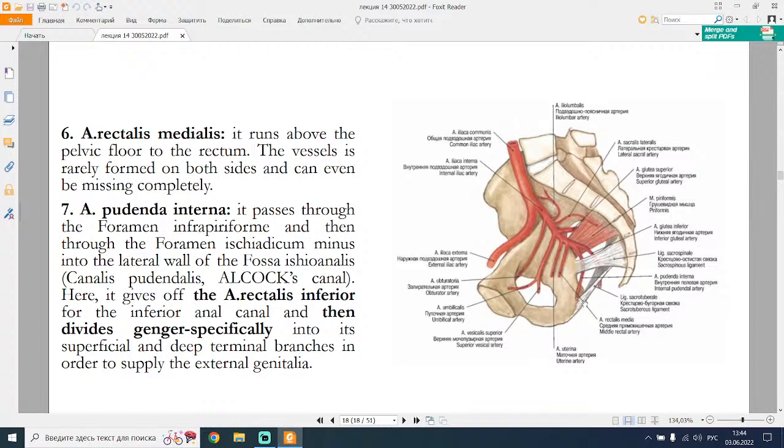Here it gives off the arteria rectalis inferior for the inferior anal canal, and then divides gender specifically into its superficial and deep terminal branches in order to supply the external genitalia.